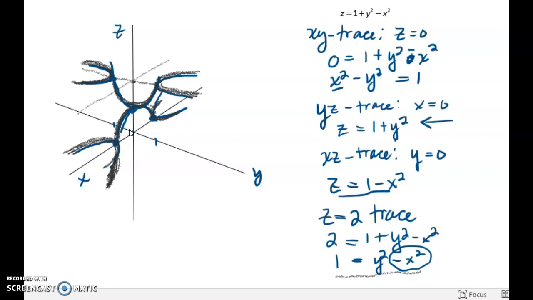So what this looks like is, as I said, if this came out a little bit wider, this would make a whole lot more sense. So let me see if I can, there we go, widen it up. What this looks like is a saddle. Let me see if I can connect everything together. Like I said, if this were wider, the connection would be clearer.